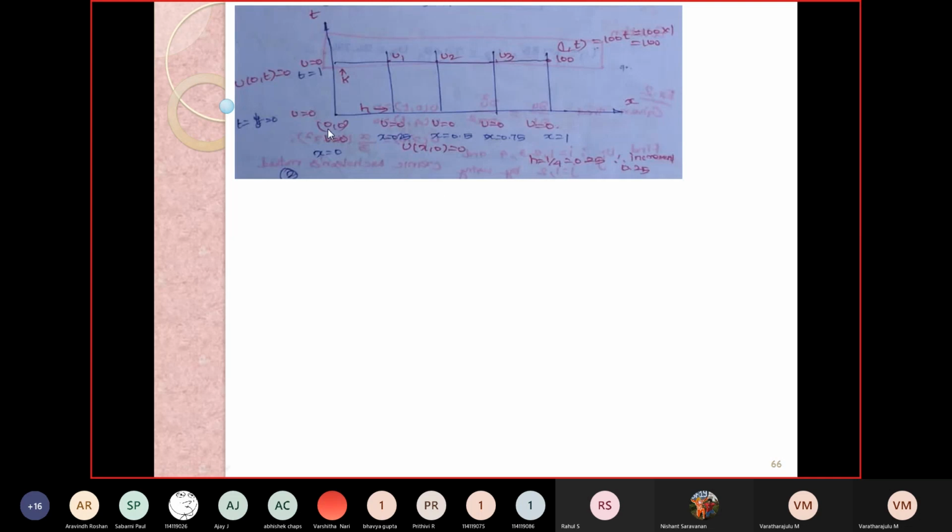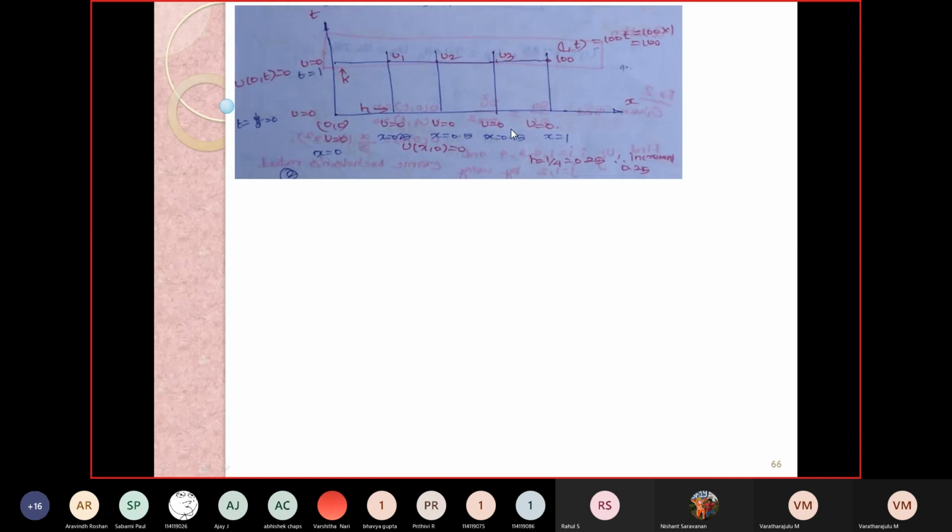From the boundary conditions, x varies from 0 to 1, and h is given, so the interval has to be kept at 0.25. So x is equal to 0.25, x is equal to 0.5, and x is equal to 0.75.